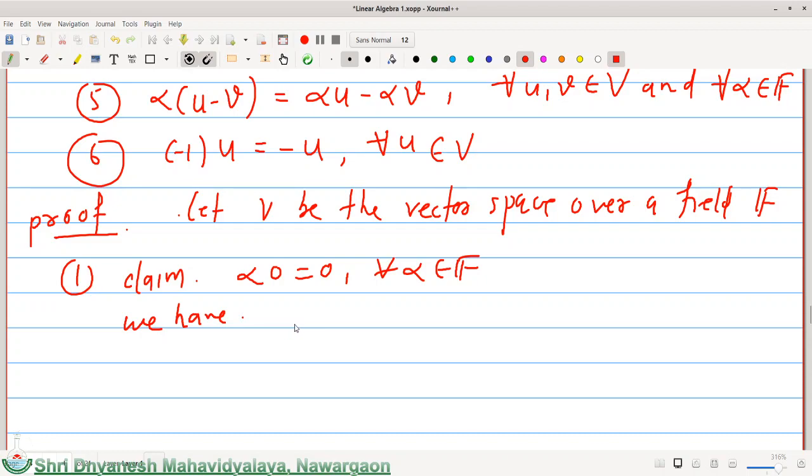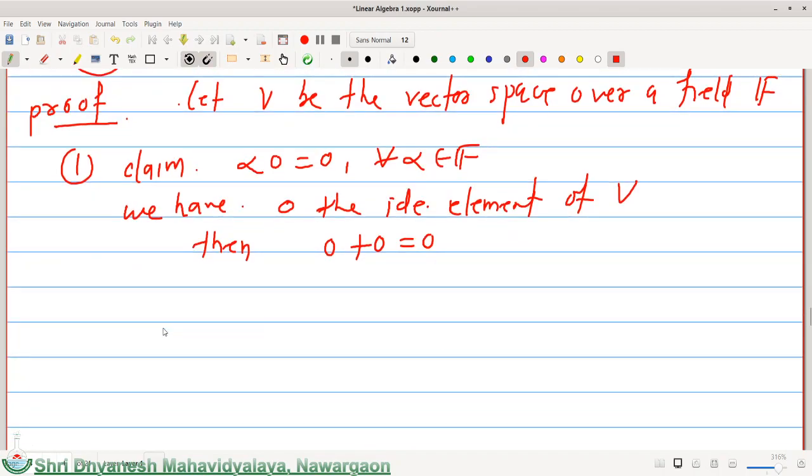since 0 is the identity element of V, 0 plus 0 is equal to 0, we can write. And now for a scalar alpha, we multiply this equation from the left hand side, what is that called, the post multiplication, sorry, pre multiplication.